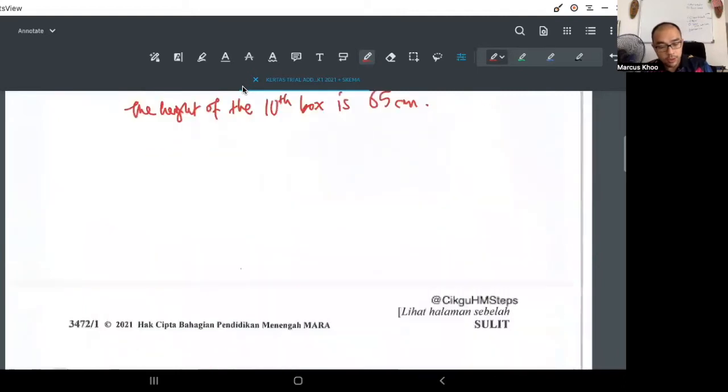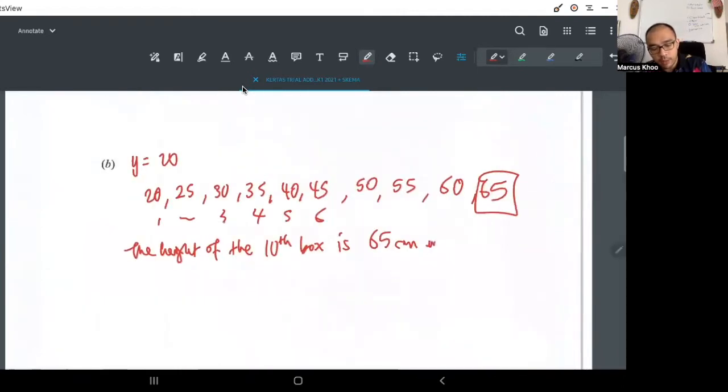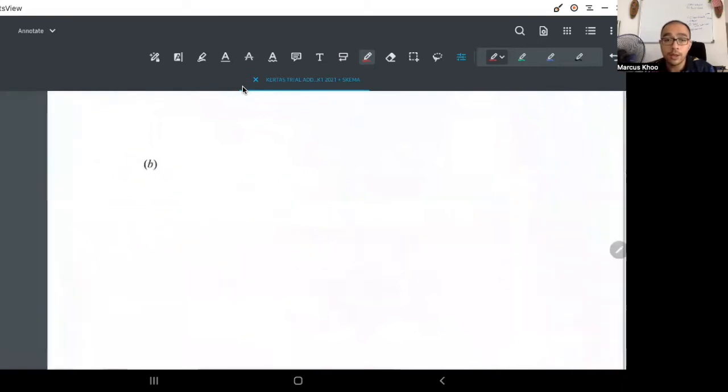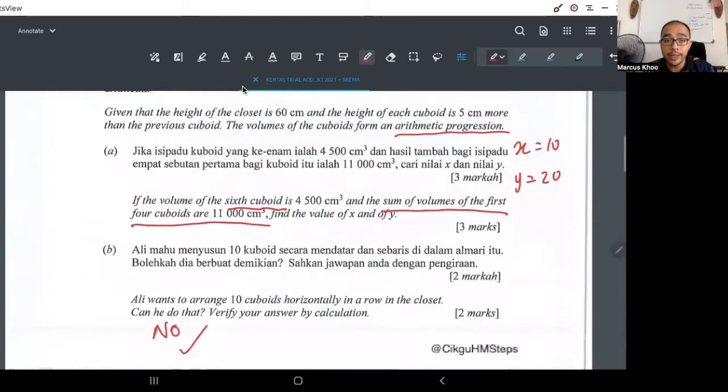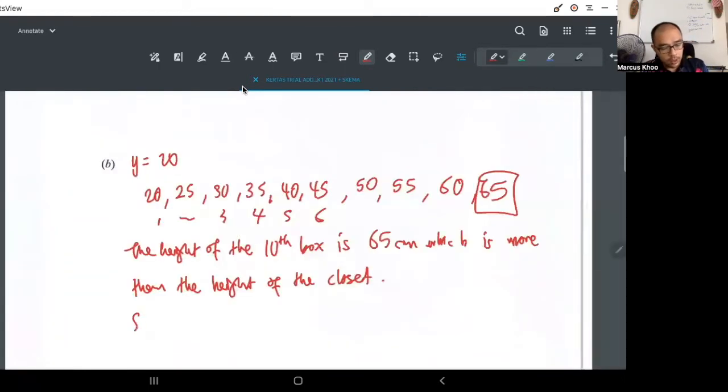So the height of the 10th box is 65 cm, which is more than the height of the closet. So Ali will not be able to arrange. Ali cannot arrange 10 boxes in the closet.